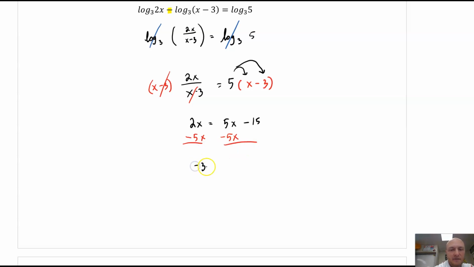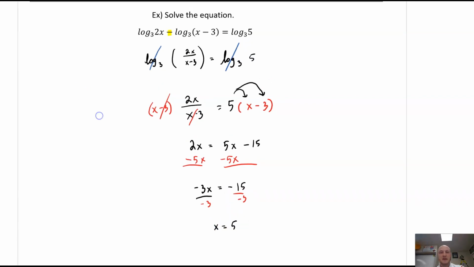And we get negative 3x is equal to negative 15. We'll divide by negative 3, and we get x is equal to 5. Okay, so I can go ahead and check. If I plug in 5 here, 5 minus 3, that's a positive 2. If I plug in a 5 here, 2 times 5 is 10. We are positive. So that's our solution.